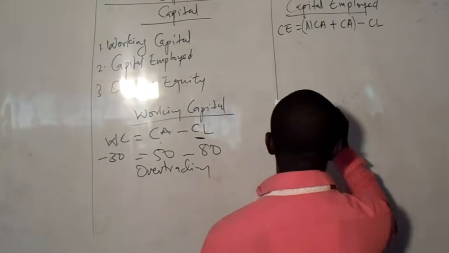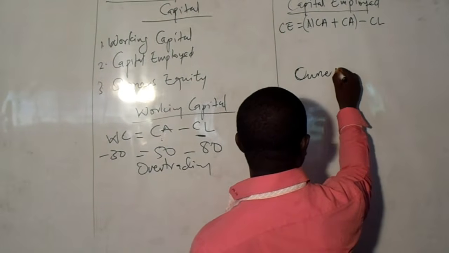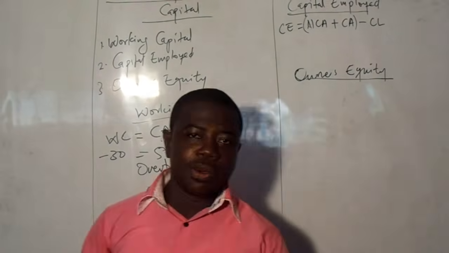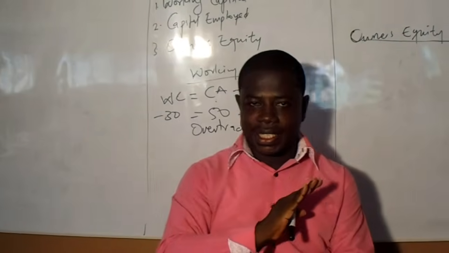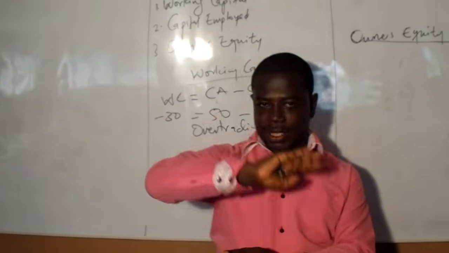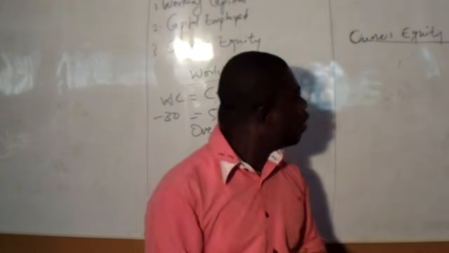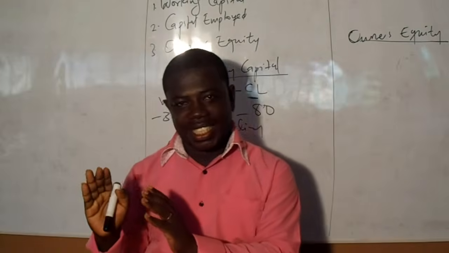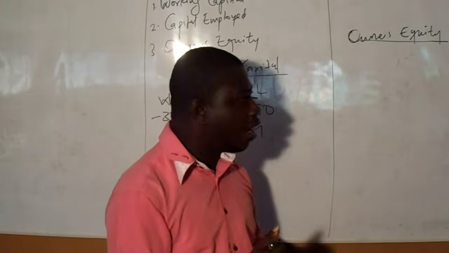Okay. And then we have the owner's equity. Now, owner's equity is also different. Owner's equity is the excess of your total assets over your total liabilities. So in this case, we are looking at netting off all liabilities from your assets, and the difference that is left is what the owners have.